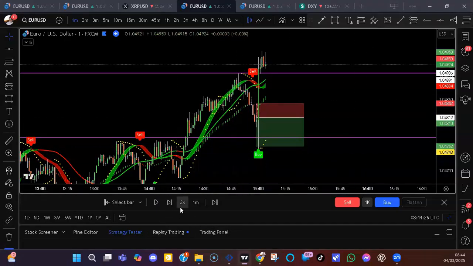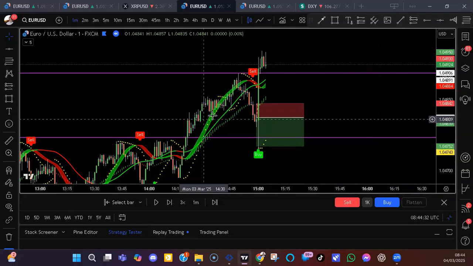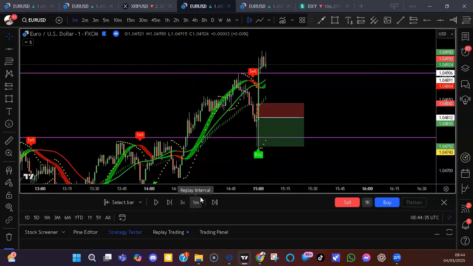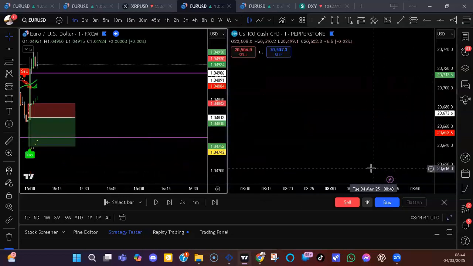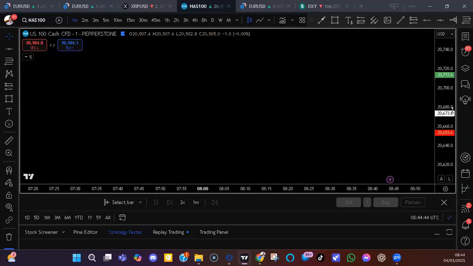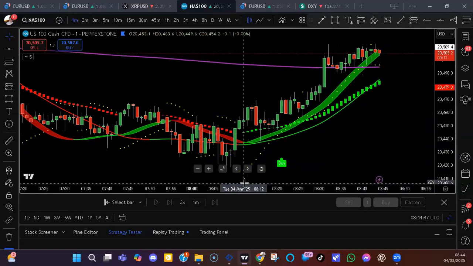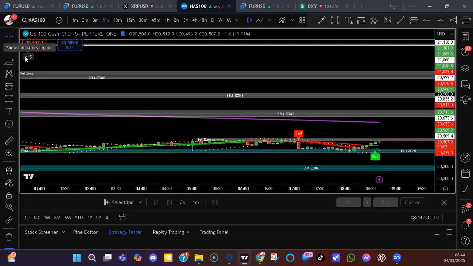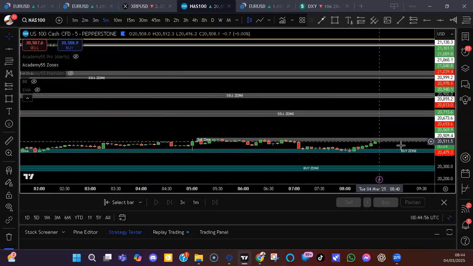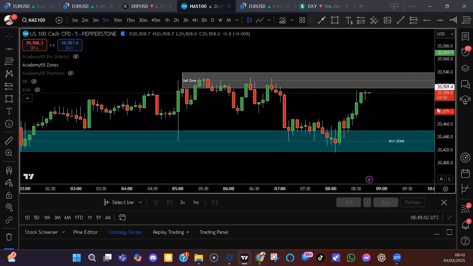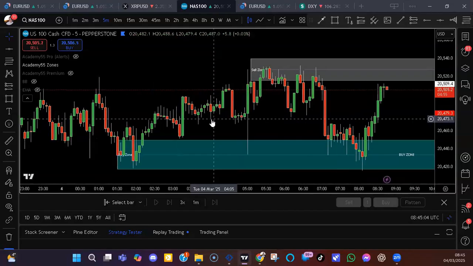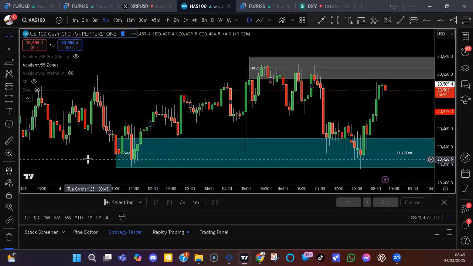So let's go and have a look at the US 100 at the same time. I'll go on there. And we want to go on the 5 minute. Take the indicator off. Make the screen a lot bigger so we can all see what's going on. And we want to go to, no, that's 3 o'clock in the morning, isn't it?